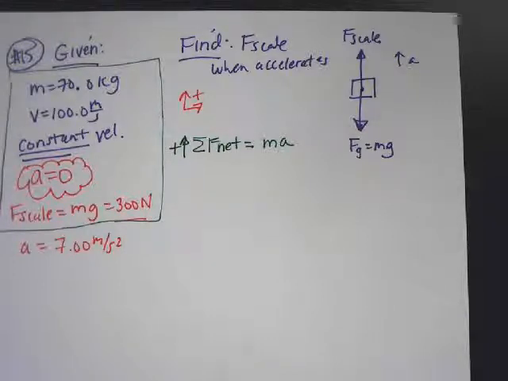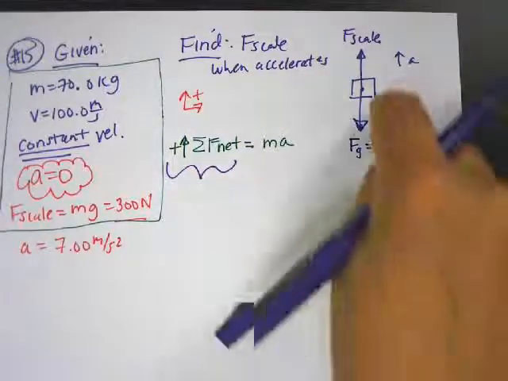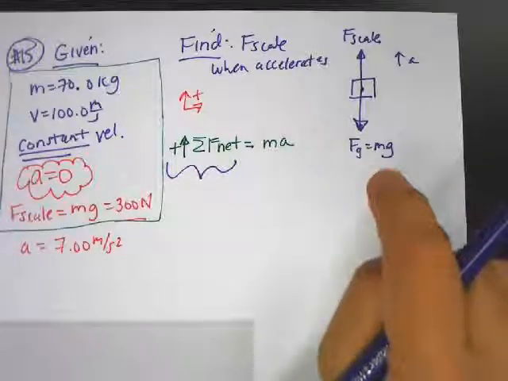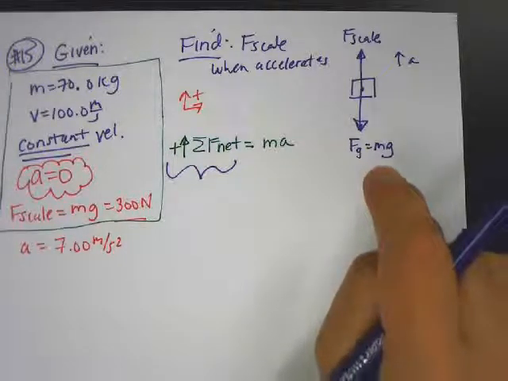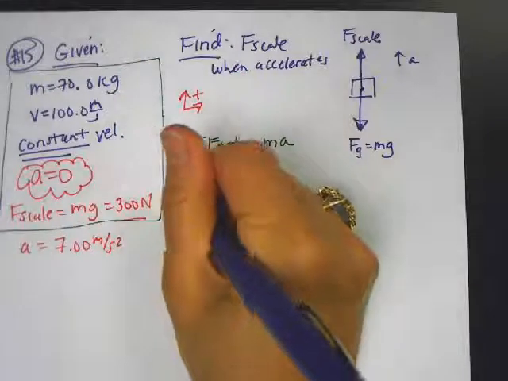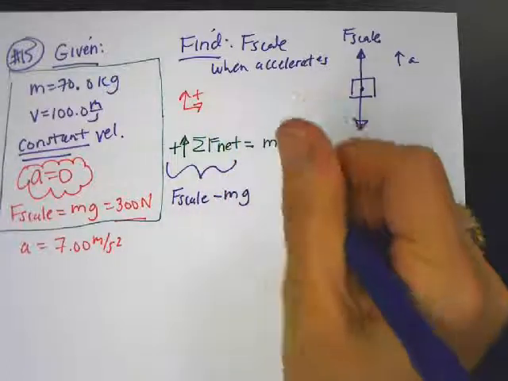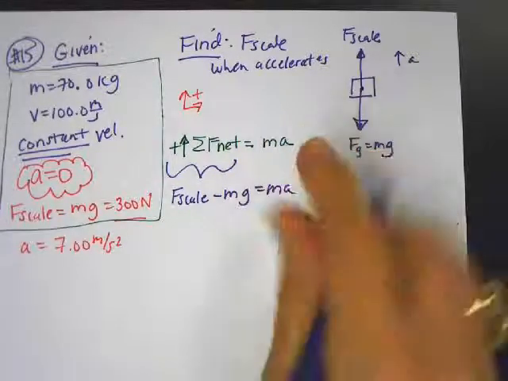Now, what are the forces that are going in this y direction? Well, I have the reading on the scale, which is up, right? Minus the weight. And that's going to be equal to ma because it's accelerating.